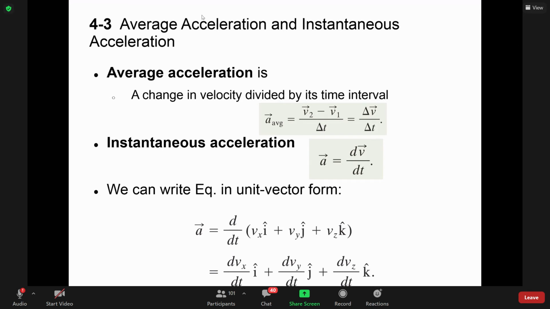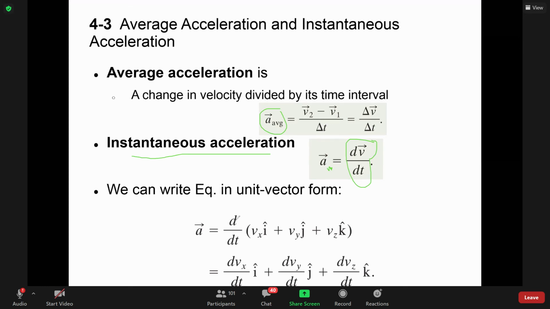So with average acceleration, I'll do the same. Before, average acceleration was delta V over delta T, same thing. Average acceleration is V2 minus V1, meaning V final minus V initial, over delta T. And the same way with instantaneous acceleration, it's the second derivative of position or the first derivative of the velocity.